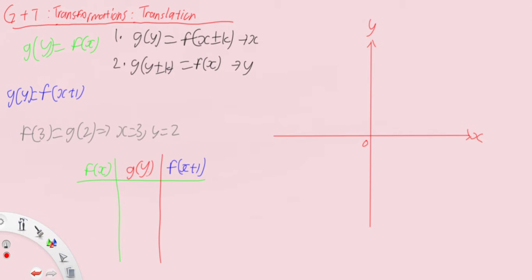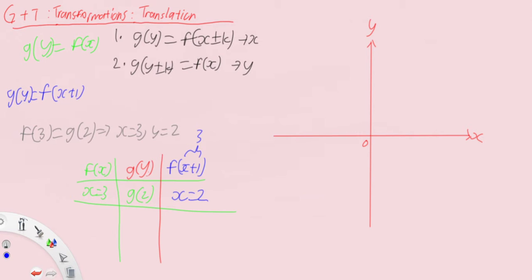For the first value, if we have f(x) where x equals 3, we know that g(y) equals g(2). But what happens to our f(x plus 1)? We notice that our input is f(3) equals g(2), so our input needs to be 3. And as you notice here, it will become x equals 2.